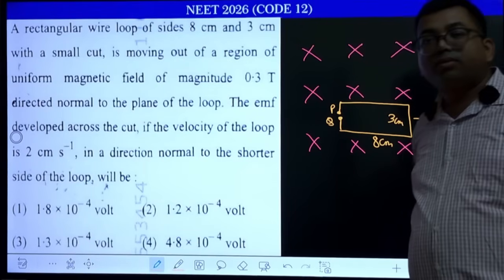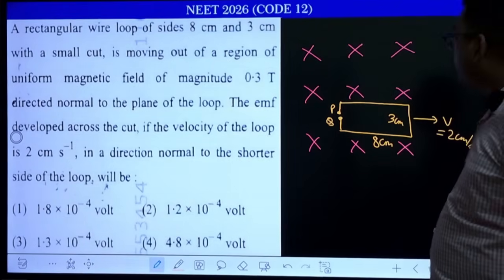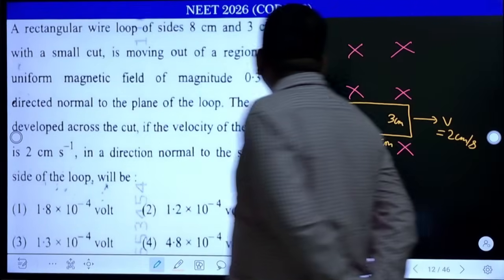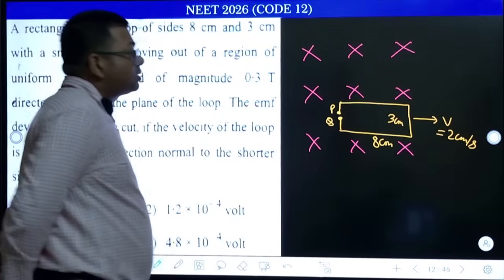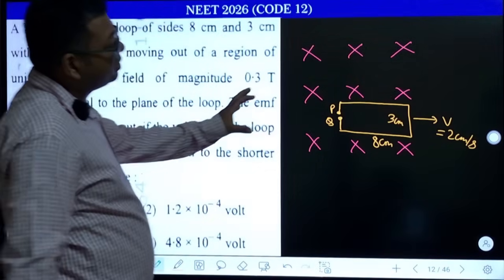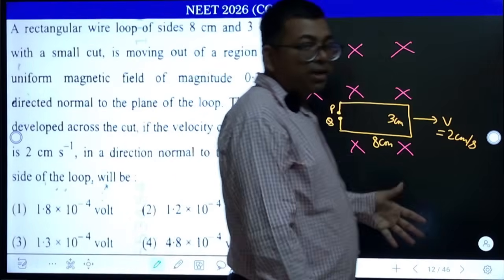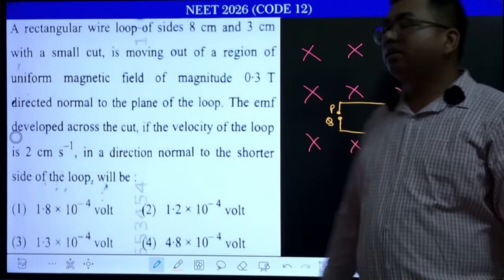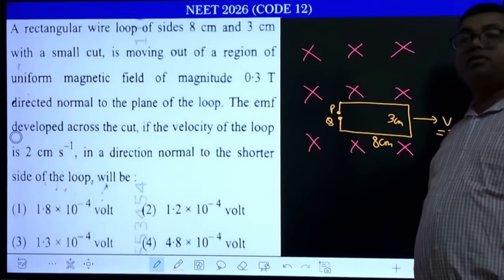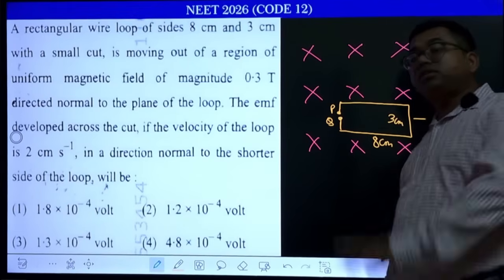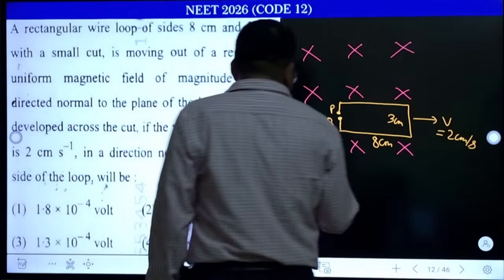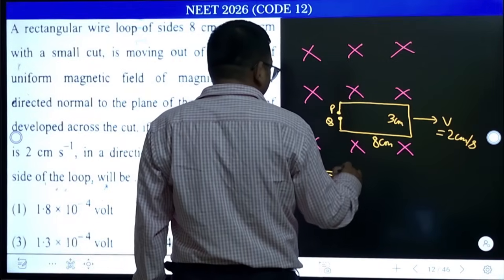Yes, can we apply BVL? And what length should we consider? Because this length is perpendicular, we can consider that length. Current is definitely not there because it's open, but voltage induced will be there. So let us apply the EMF formula, BVL.